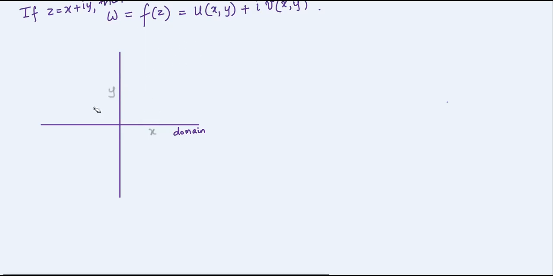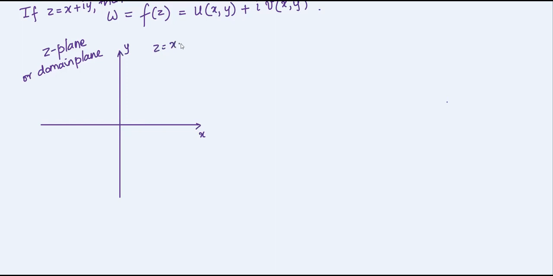Why? Because the domain itself is a plane. So we call this the Z plane or the domain plane. Now the domain need not be infinite. This is x, y.